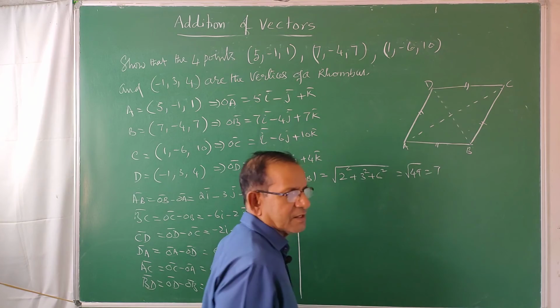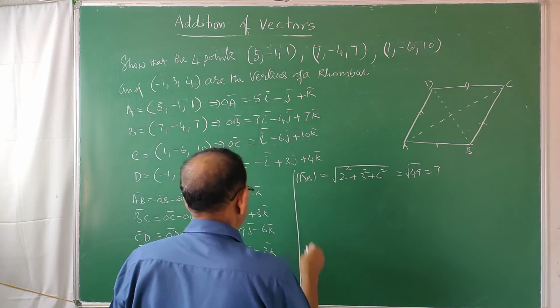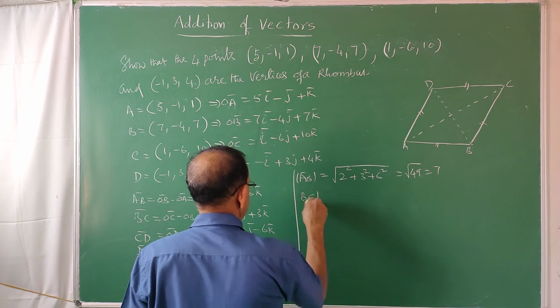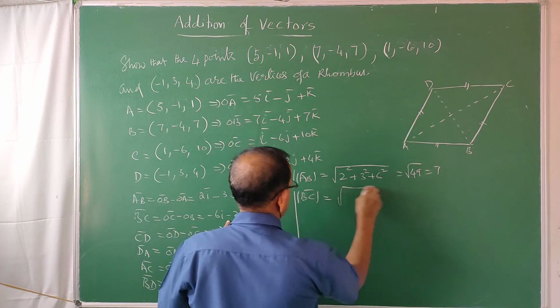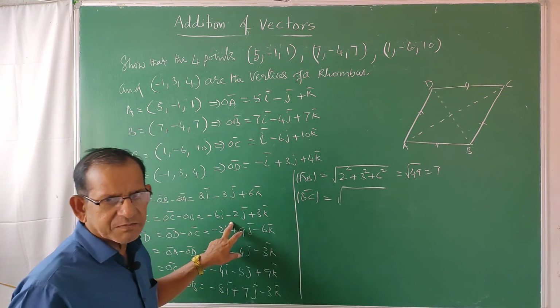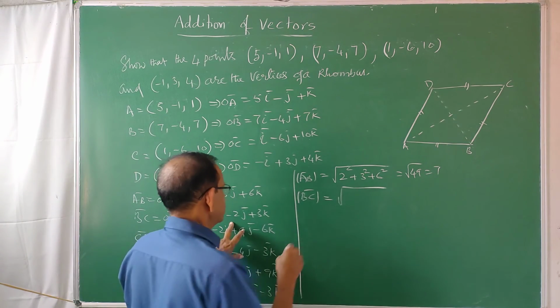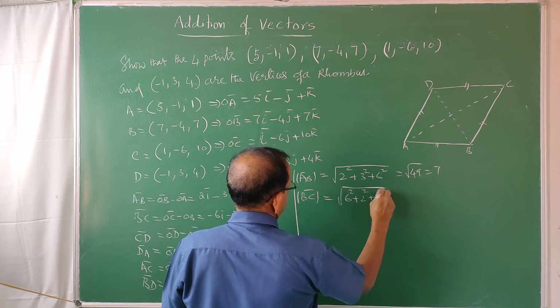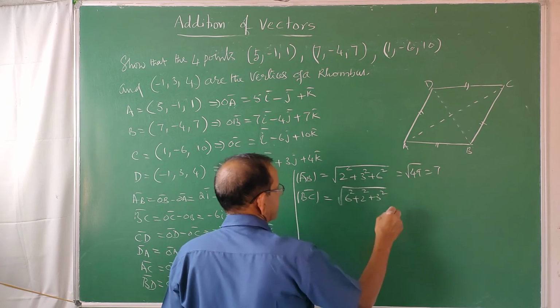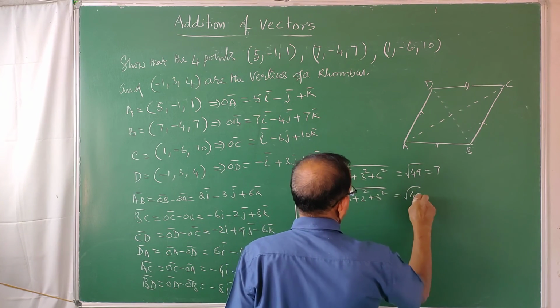So all the other 3 sides must be 7 only. Then the modulus of BC bar, second one: even though it is minus, you will get plus because of squares, so we only have to take 6 square plus 2 square plus 3 square. Same thing, root 49, that is 7.